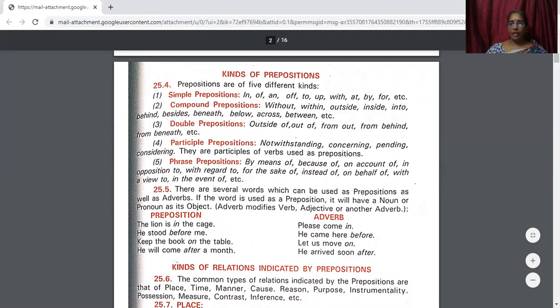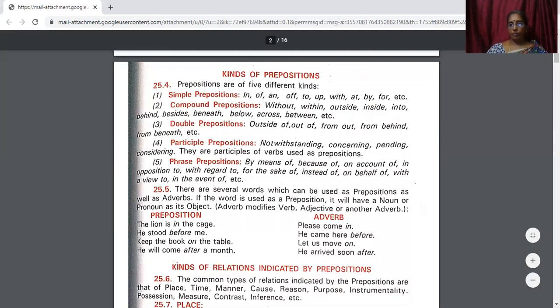Simple prepositions we have in, of, to, up, with, at, by, for, etc. Compound prepositions: without, within, outside, inside, into, behind, besides, beneath, below, across, between, etc.